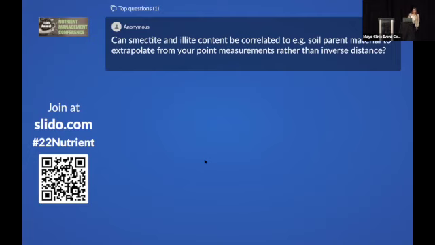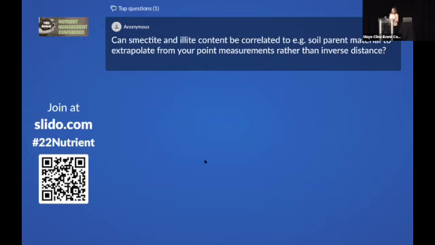Another question: can smectite and illite content be correlated to, for example, soil parent material to extrapolate from your point measurements rather than inverse distance? Yes, so the maps that I showed today are a very simple interpolation method where we just look at the points around each other and it creates a raster based upon the actual point values.